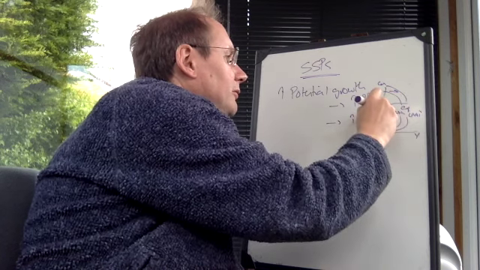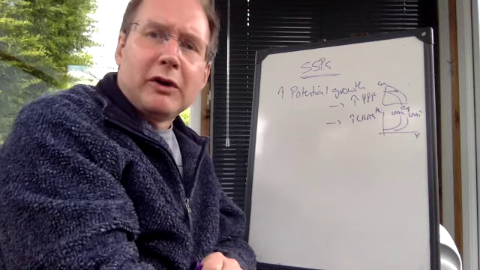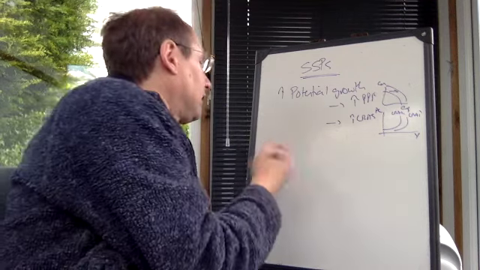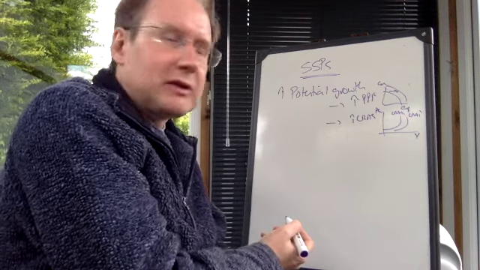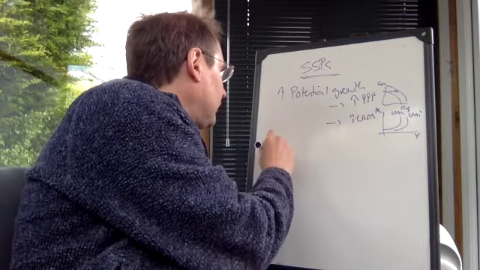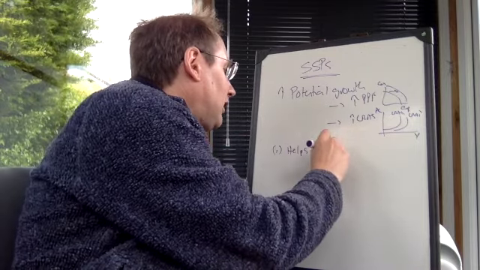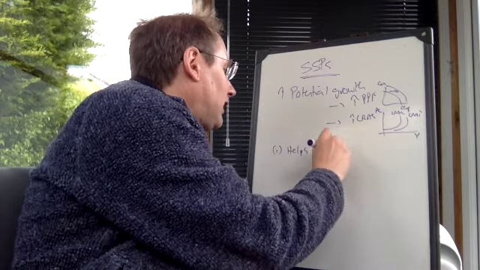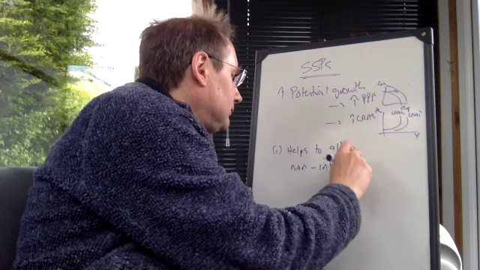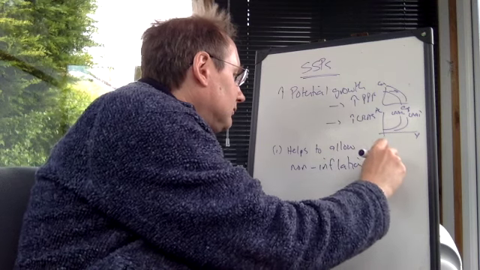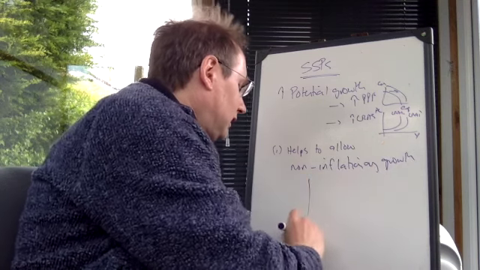So why would you want to do that? Well, there are two or three basic reasons. One is it helps to allow non-inflationary growth. That's probably the key behind it.